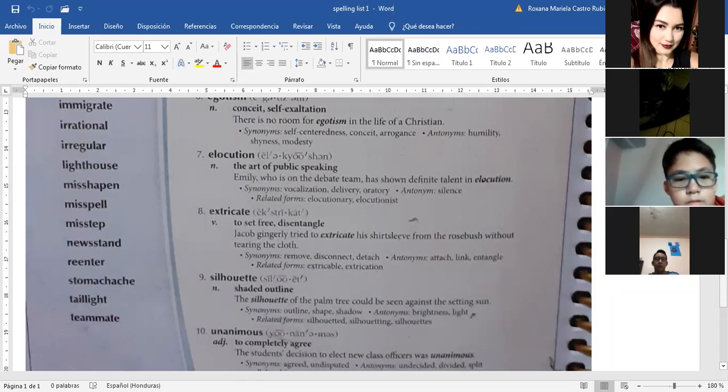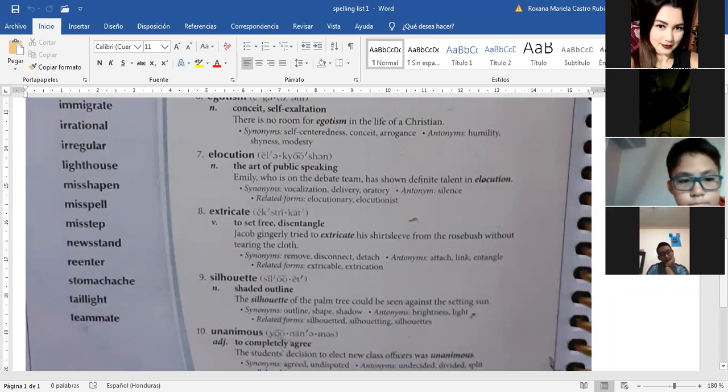A noun is a person, animal, or thing, right? Silhouette, it says shaded outline. Shaded outline, that is the definition. And the sentence says the silhouette of a palm tree could be seen against the setting sun. Can you please tell me the translation, Kenneth? Silhouette. Silueta. Exactly.